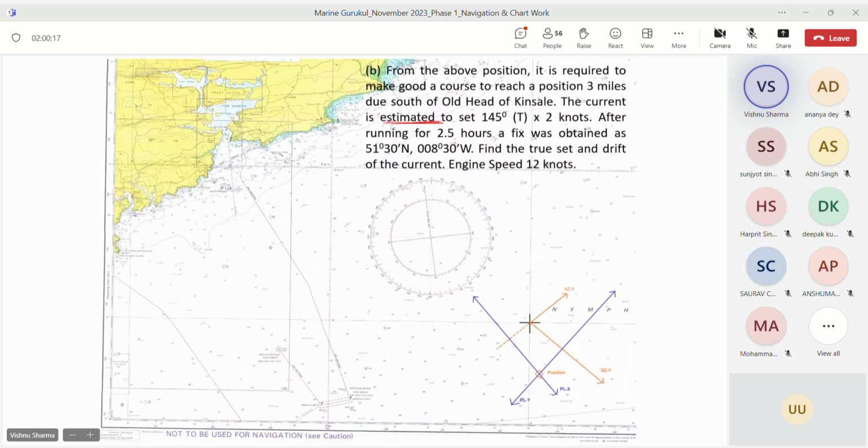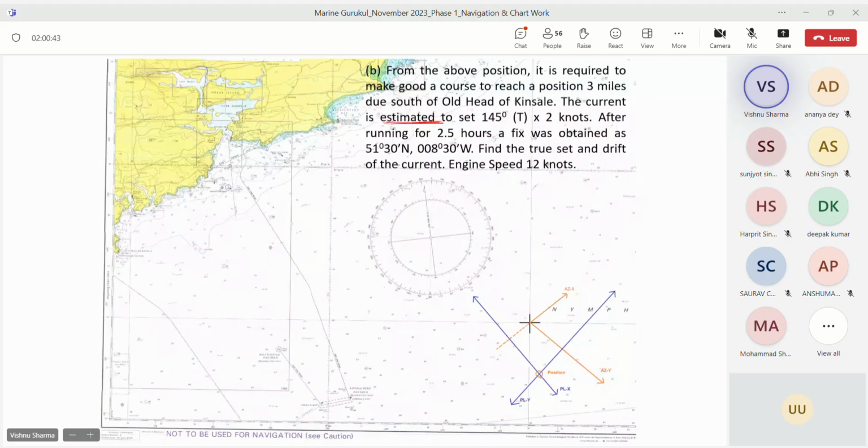Pay attention. And if you have any doubts, let me know. A fix was obtained after 2.5 hours whose lat and long are given in the question. Find the true set and drift of the current. Engine speed 12 miles. Now, this fix came much later. First, this was my position. Now, where do I want to go? Read the question.